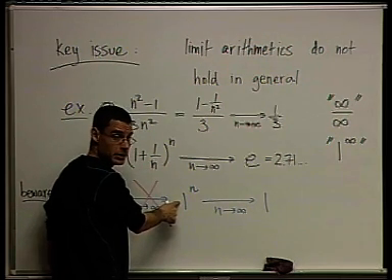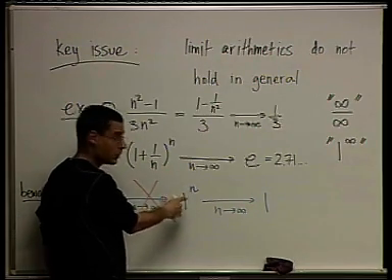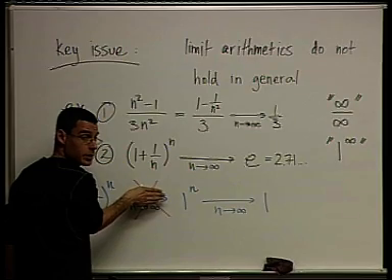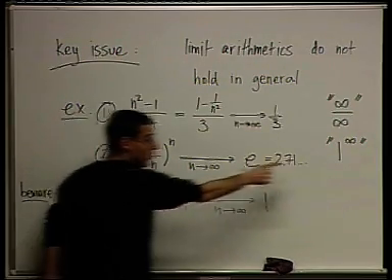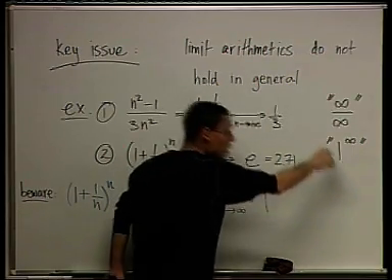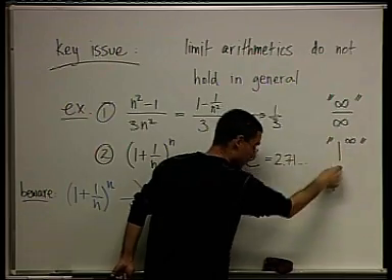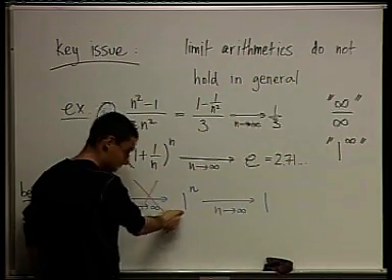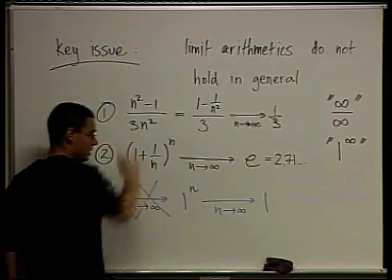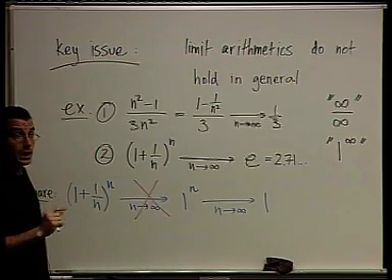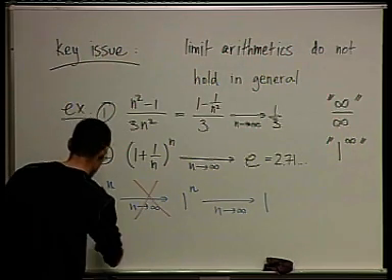What's its second element? 1. Third element? This is just the sequence 1, 1, 1, 1, 1, 1, 1. So this part of it is true. When I write the other, I mean something that goes to 1 to the power of something that goes to infinity. This is not something that goes to 1, this is just 1. Clear?